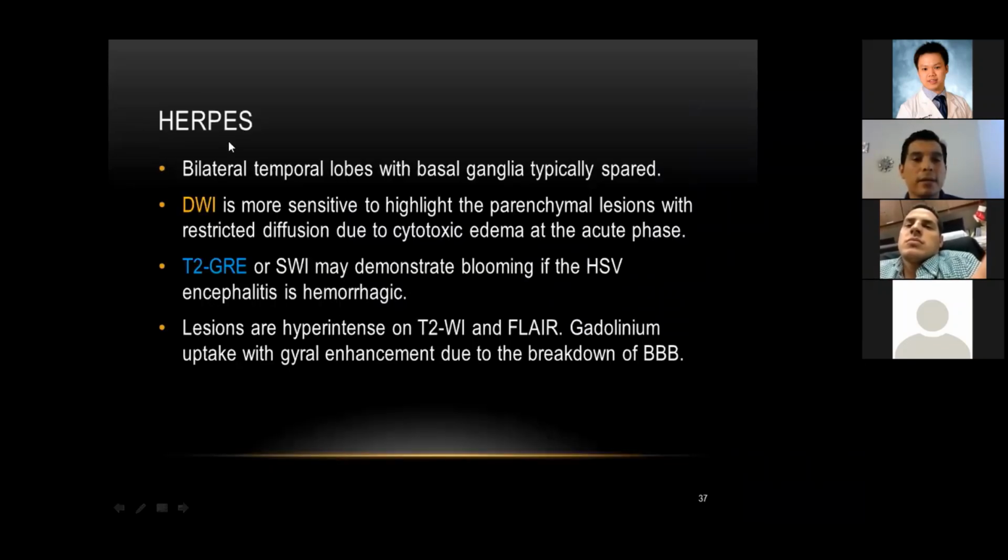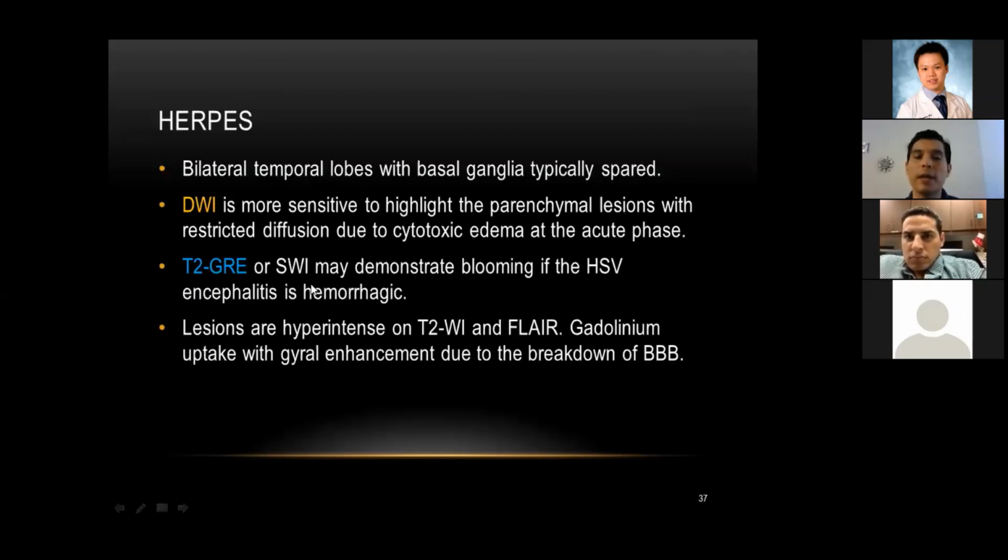And herpes, with bilateral temporal lobes involved and basal ganglia typically spared. DWI is more sensitive to highlight the parenchymal lesions with restricted diffusion, because this is cytotoxic edema in the acute phase with compromise of the blood-brain barrier, and even with the presence of blood.